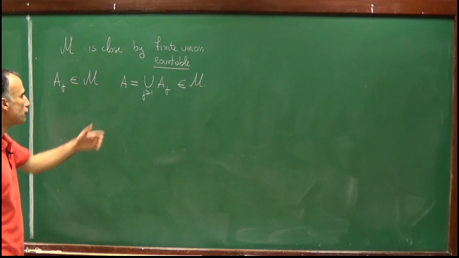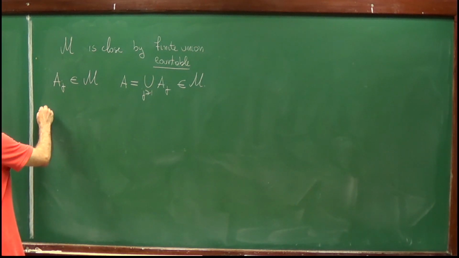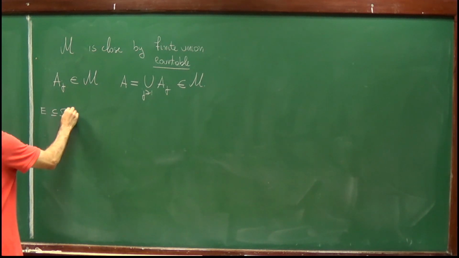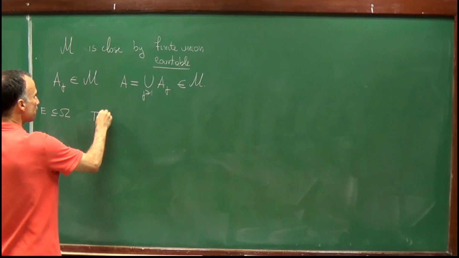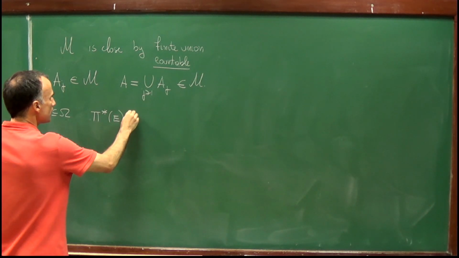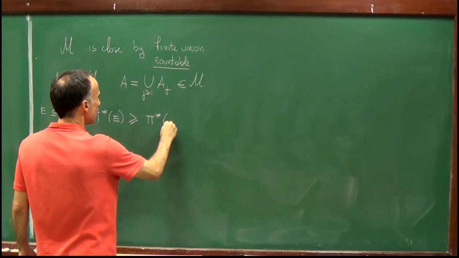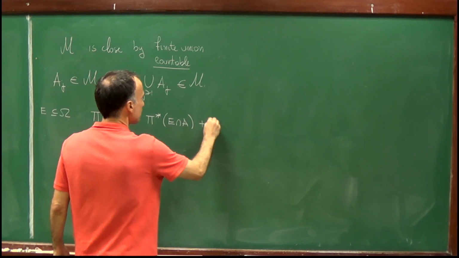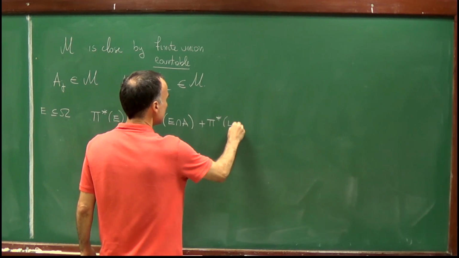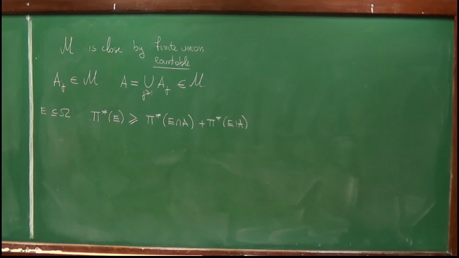And in order to prove that A belongs to M, we have to show that for any set E, so let's fix a set E, a subset of omega, we have to show that P star of E is greater or equal than P star of E intersection A plus P star of E minus A. So this is what we need to prove.